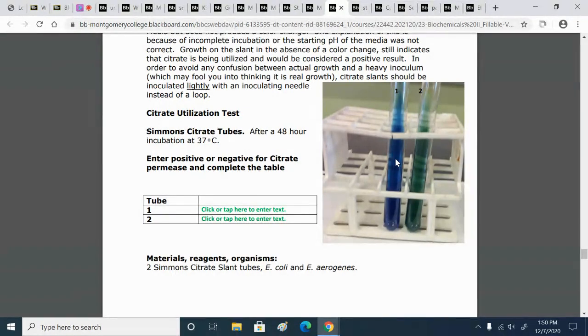It was positive for the indole. Yep. Okay, what about the rest? IMViC.